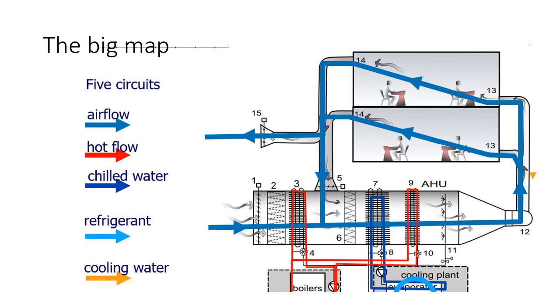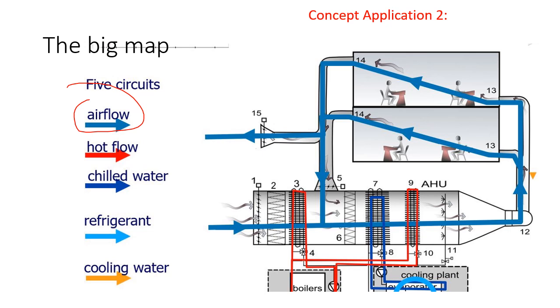Now let's move on to the big map. If we follow this dark blue airflow, it starts from the outdoor, coming through this preheater, and then the air after heating joins together with the return air from the room and goes into the second coil. This is a cooling coil, and we need to imagine 2 scenarios. If it is summer, this heater will be turned off.